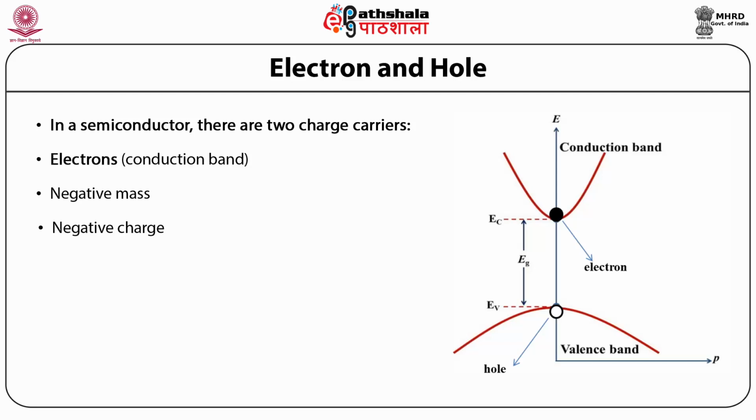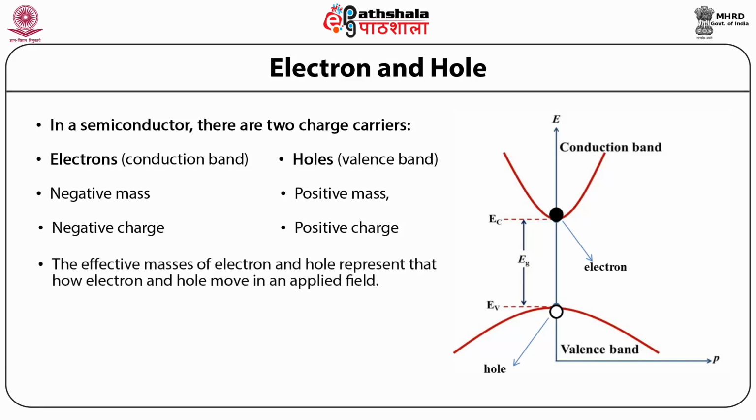Similarly, the relationship for the holes present in the valence band near the maximum energy EV is given by EV minus E is equal to P square by 2 m h star, where m h is the effective mass of the holes. So the effective masses of electrons and holes represent how the electron and the hole move in an applied field. It is a tensor quantity for a three-dimensional band structure.